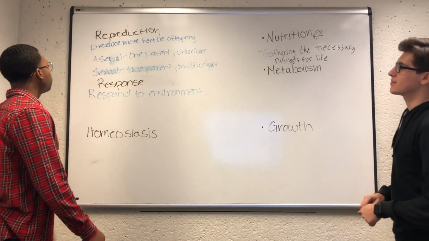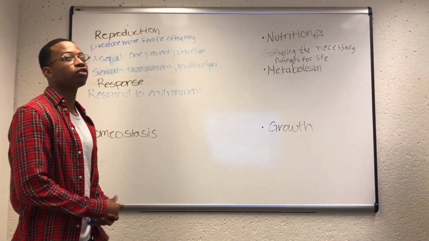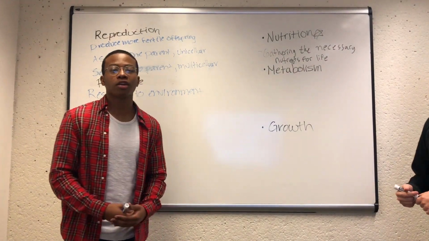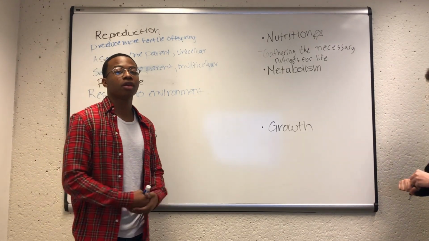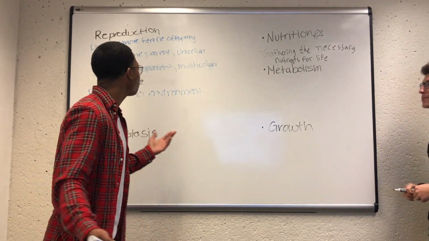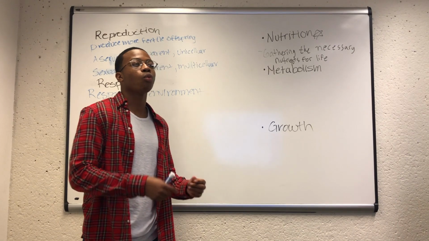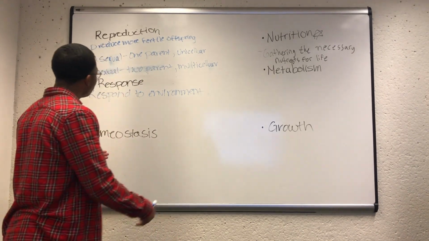The third one we begin with is response. In simpler terms, it means to respond to the environment. So let's say it's hot outside. What does your body do when it gets really hot outside? You tend to sweat. And when it's really cold outside, you tend to shiver. So this is your body responding to the environment. The main reason your body does this is to maintain homeostasis, which we'll get into later.